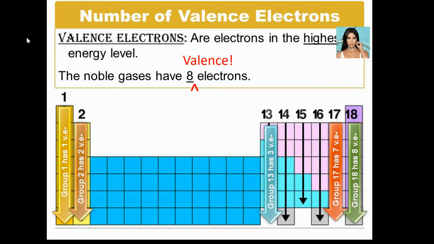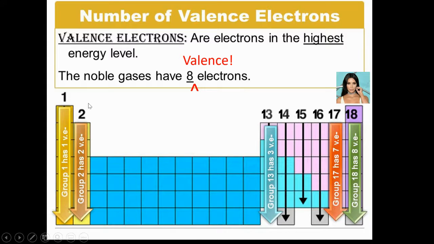So if everything wants to be like a Kardashian, remember valence electrons are the outermost electrons. So all of group 1 has 1, all of group 2 has 2, group 13 has 3, group 14 has 4. Remember all this? And so 8 valence electrons, the noble gases have 8, and so that's considered the octet rule, the highest achievement in atom existence, that you want to get those 8 electrons.